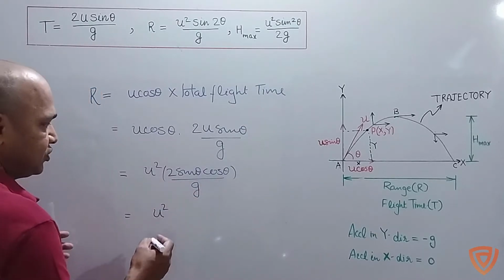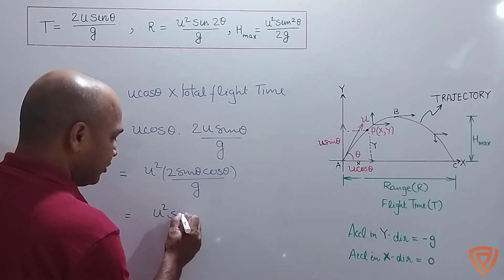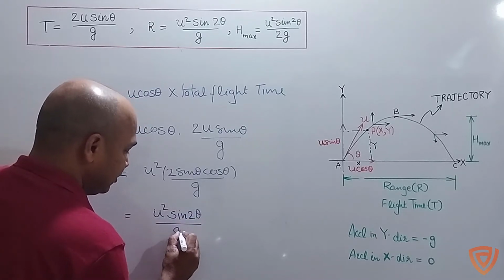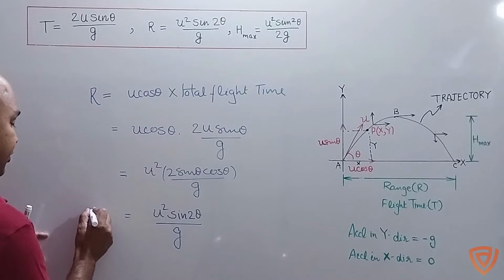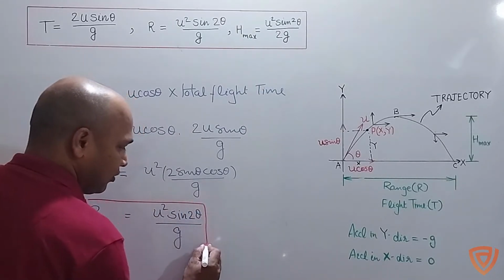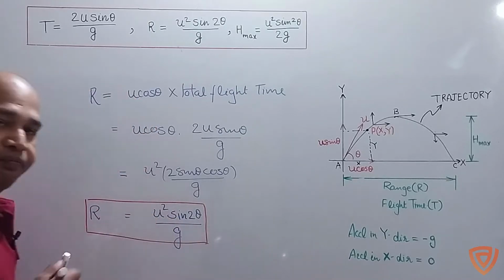This can be written as u square sin 2 theta over g. This becomes your range r. So this is another formula for the range. Clear?